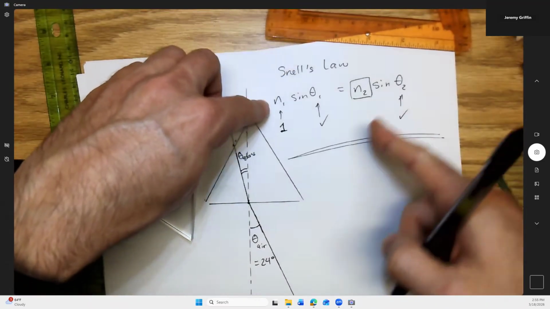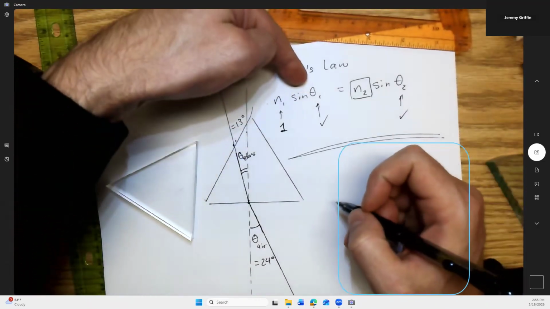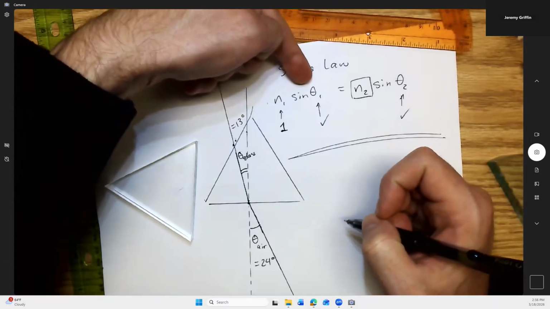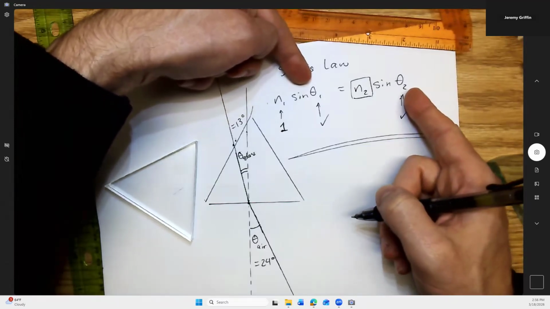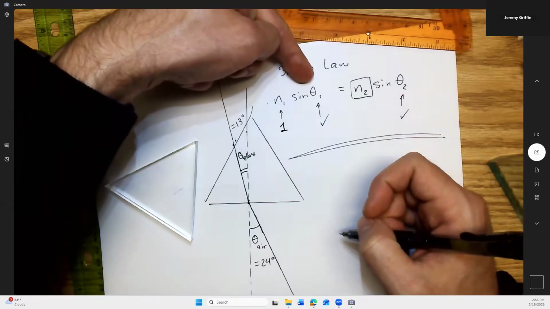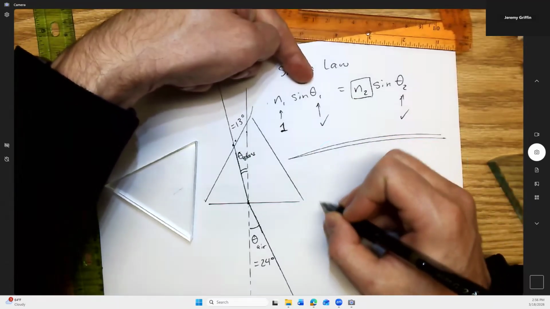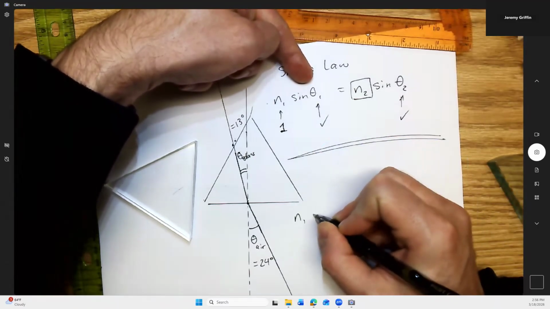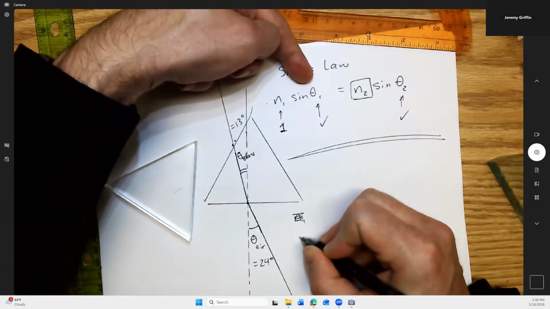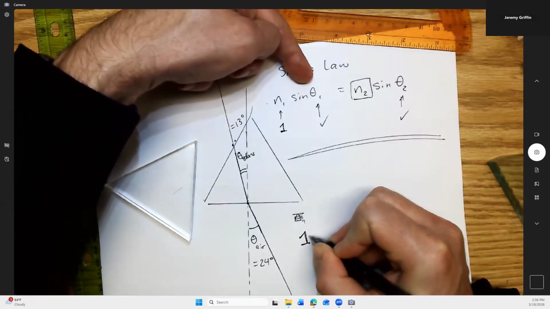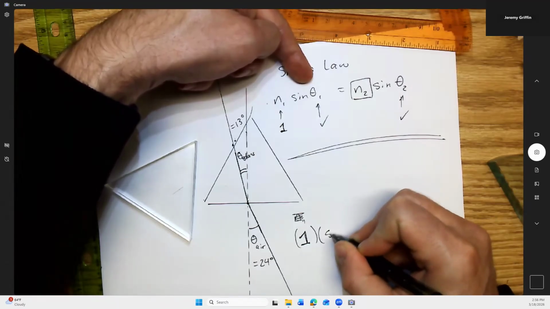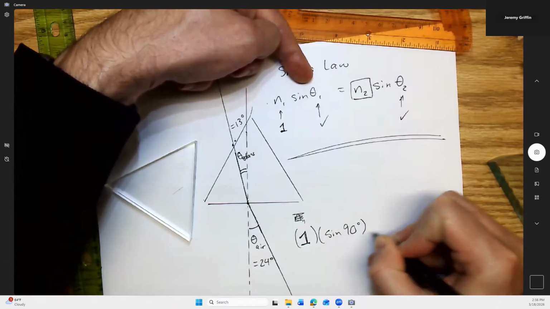Let's go to Snell's law. What angle did I just say would correspond to the critical angle over here? What's the angle on the side of the air? Yeah, 90 degrees. So I'll do n1, which is just 1, so 1 on the side of the air times sine of 90 degrees equals.